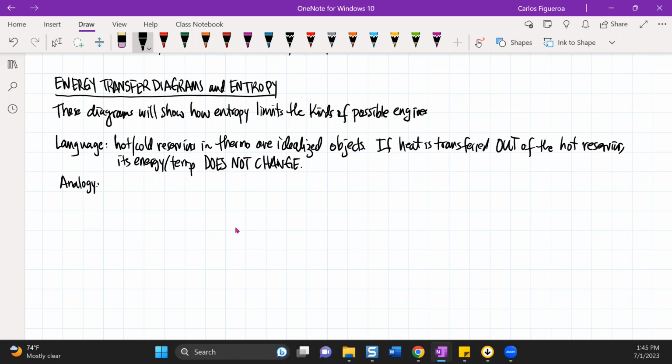So let's say that the reservoir that we're talking about is the water in the ocean.